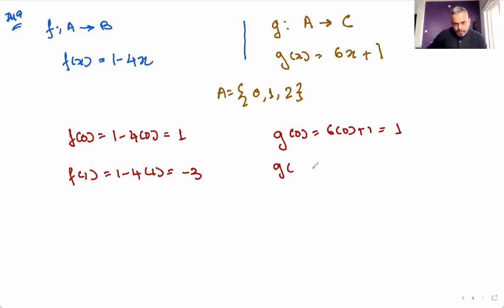And g of 1 is 6 into 1 plus 1, which is 6 plus 1, 7.